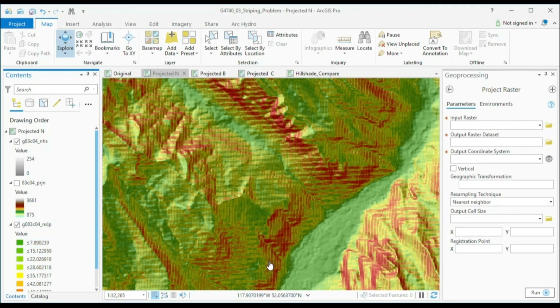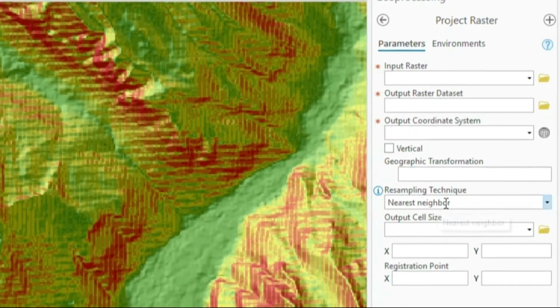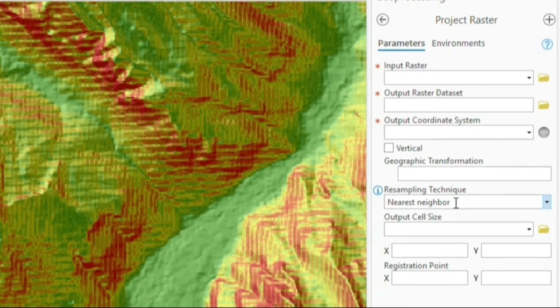So what went wrong? What went wrong is that the sampling technique for your raster projection is the nearest neighbor. And I will explain later why the nearest neighbor results in these striping issues.